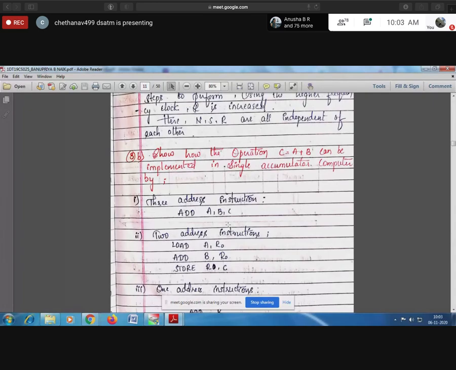Two address means you can't give all the operands at the same time; you can take only two addresses. So first I take A and add with R0, then I take B and add with R0. Why R0? Because A's data is already available in R0, so just add A and B, then store the data in C. That's all, very simple.